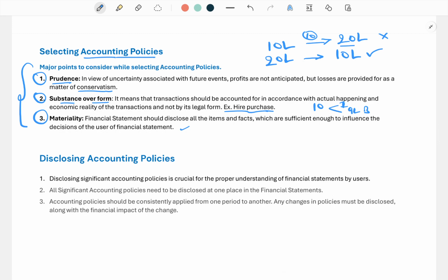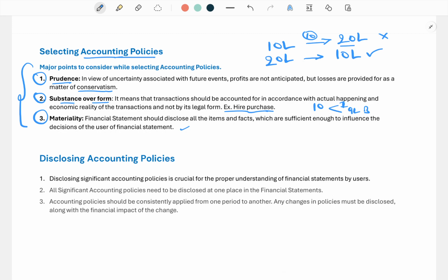So we know what is an accounting policy and we know how to select an accounting policy. So once you select a particular accounting policy, what next? These accounting policies which are used in preparation of financial statements need to be disclosed to the users. Then only the user will be able to make better decisions.